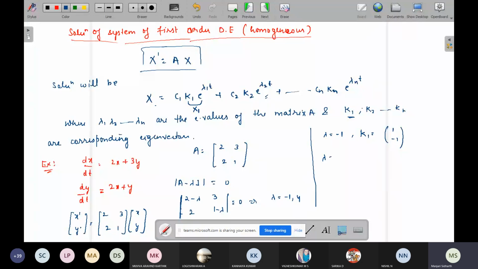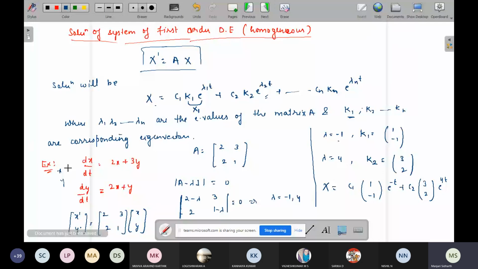And for lambda equals 4, another eigenvector is (3, 2). So once you have eigenvalues and eigenvectors, the solution X is C1 K1, that is (1, minus 1), e power minus t, plus C2 K2, that is (3, 2), e power 4t. Now we need to find the values of x and y.